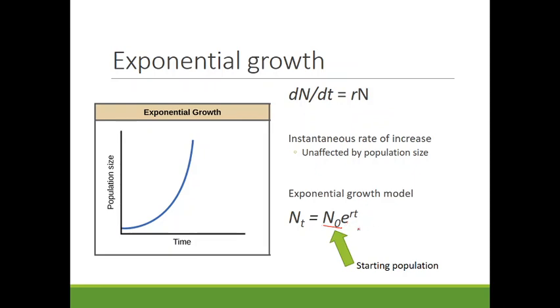That's just because we're doing some fancy algebra with logarithms. Don't worry about it. This r and this r are the same deal, and t again is just time. So we can know at any time what the population is expected to be if we know three things: the starting population size, the instantaneous growth rate, and how many time steps have gone.